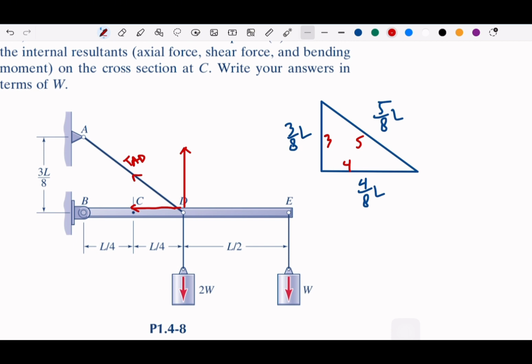So theta is here. So this will be TAD sine, 3/5.